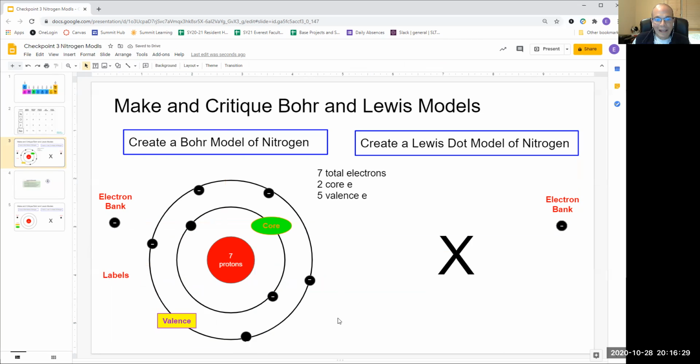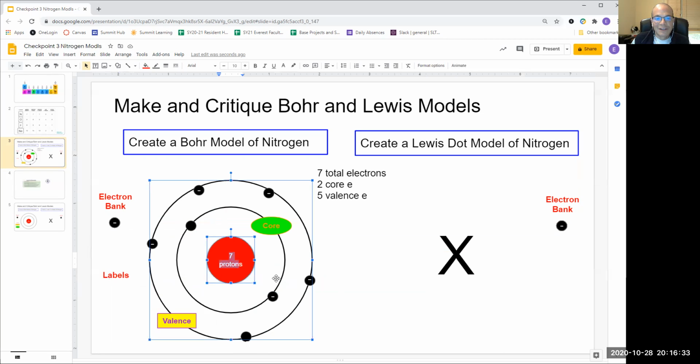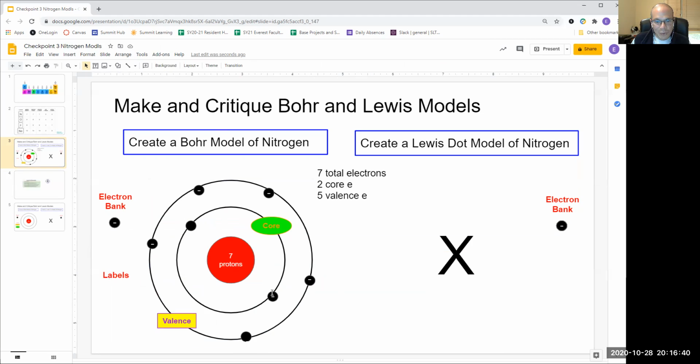Okay, and that is our Bohr model. So we have our 7 protons. We have the core ring and the valence ring labeled. And we have 2 core electrons and 1, 2, 3, 4, 5 valence electrons to make our 7 total electrons.